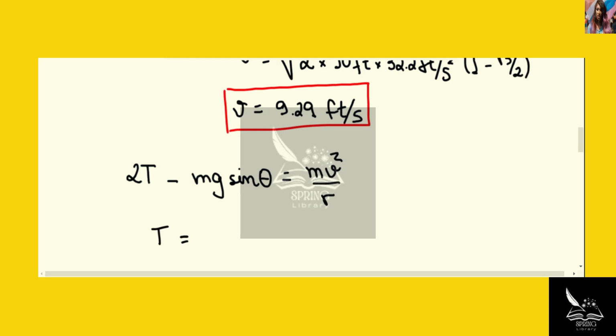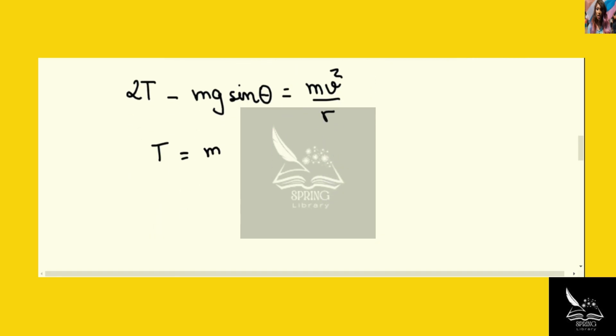So t is equal to m over 2 times g times the sine of theta, and we're interested in the tension when theta is equal to 90, so the sine of 90 is just 1, so I'm not going to include the sine here because it would be the same as multiplying g by 1, plus v squared over r.